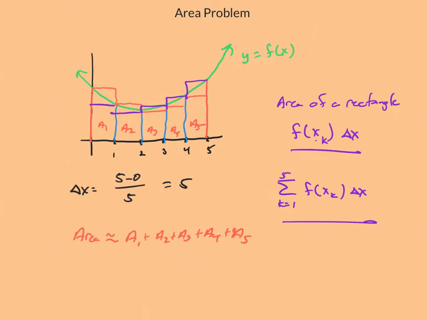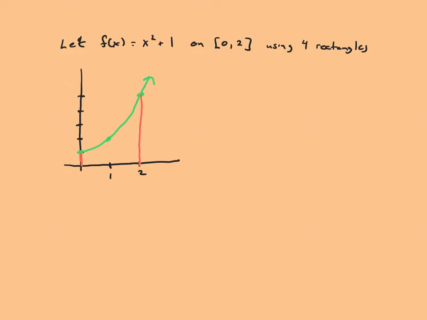Okay, let's take a look at an example. In this situation, I'm going to let f of x equal x squared plus 1, and I want to find an approximation of this region right here on the interval from 0 to 2. I want to approximate that area using 4 rectangles.